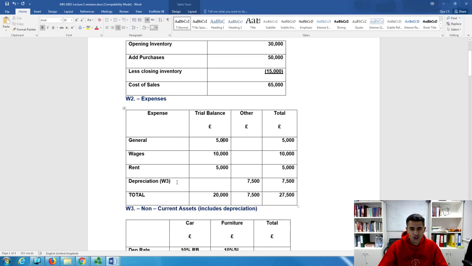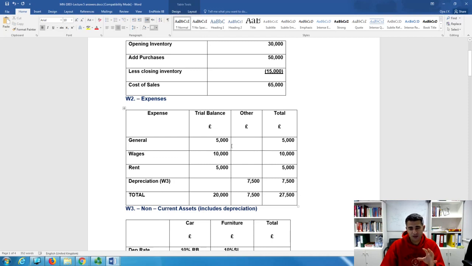Now the question is the depreciation. Remember that depreciation is an expense to the business, isn't it? So we need to calculate depreciation and list it under the others. But how can we calculate depreciation?